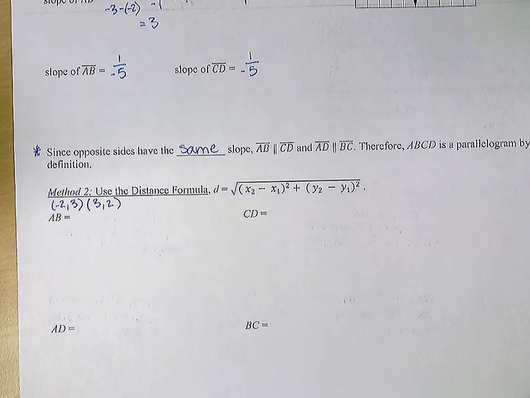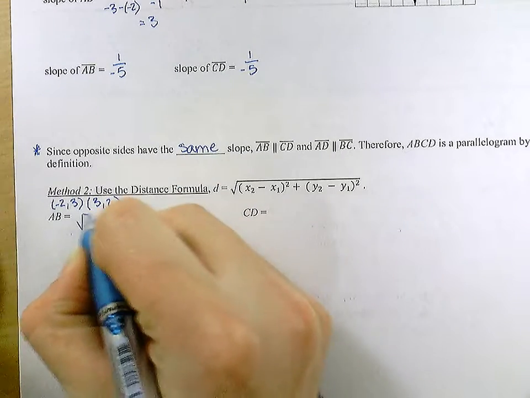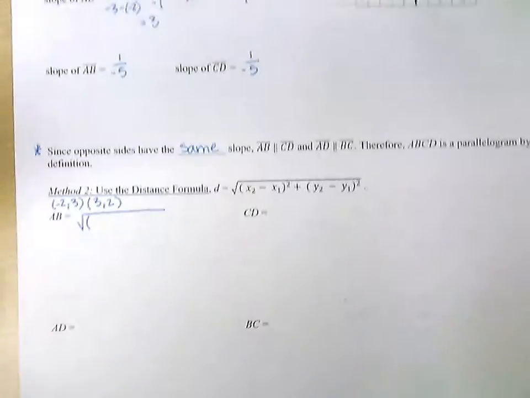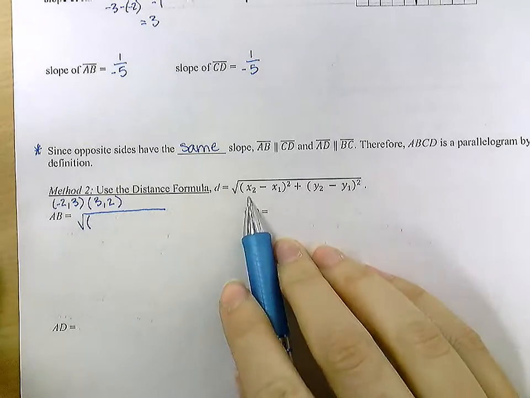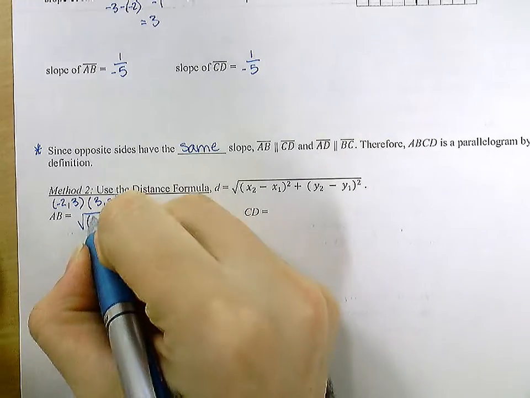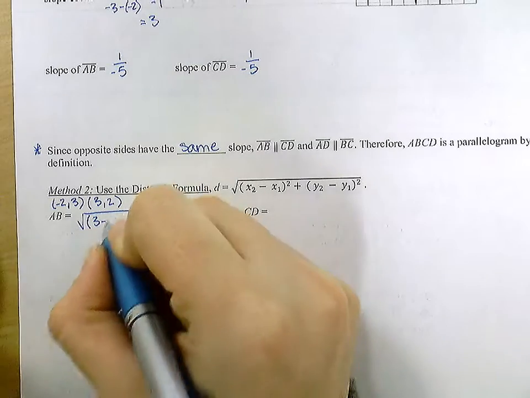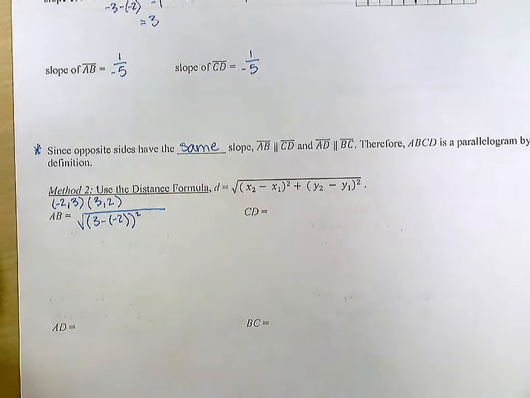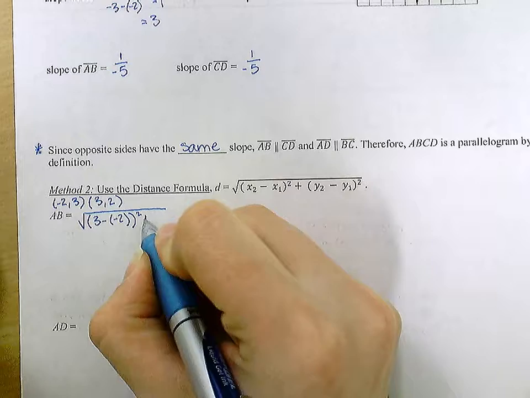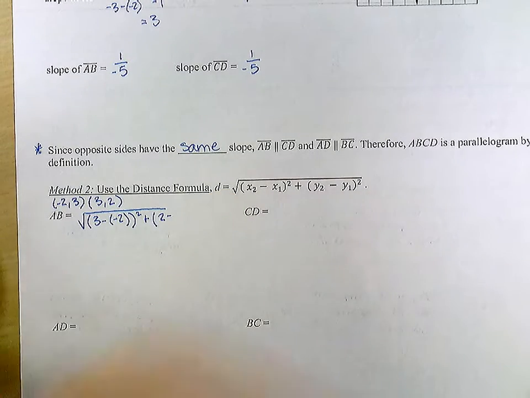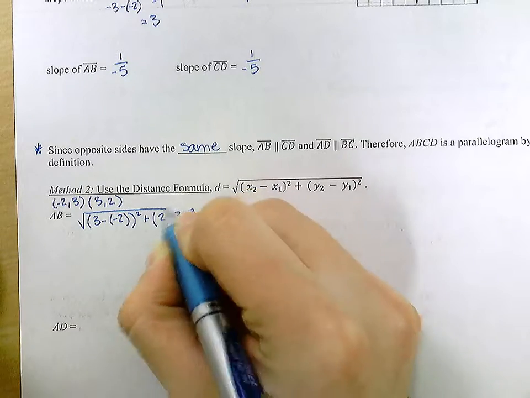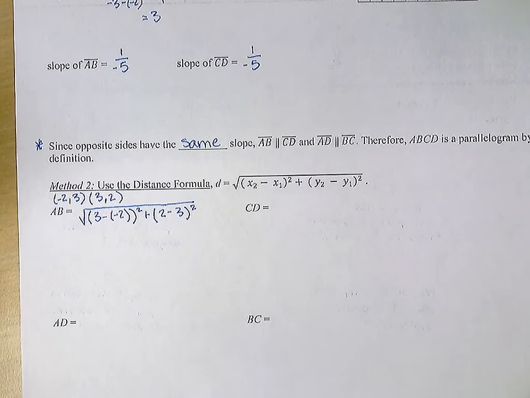And I want to plug those points into my distance formula. So I'll have the square root of x sub 2, so I'll say 3, minus x sub 1 is -2, that quantity is squared, plus y sub 2 is 2, minus y sub 1 is 3, that quantity is squared. Okay, so you're just plugging in those points into that distance formula.